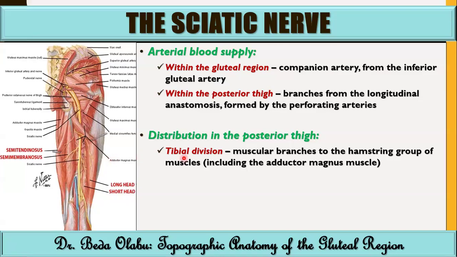All right, so adductor magnus is a big muscle. It has two components: a part that inserts in the form of a tendon and the part that inserts along the linea aspera, the adductor component. The tibial division supplies the tendinous component, the longer component of the muscle.